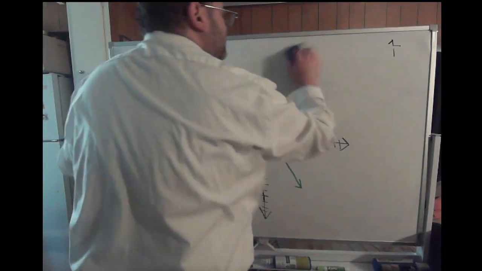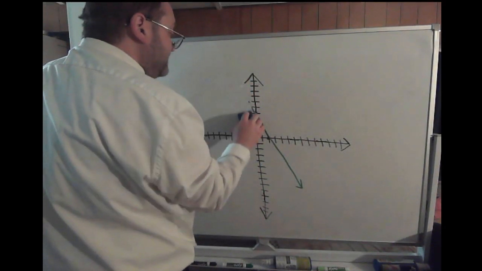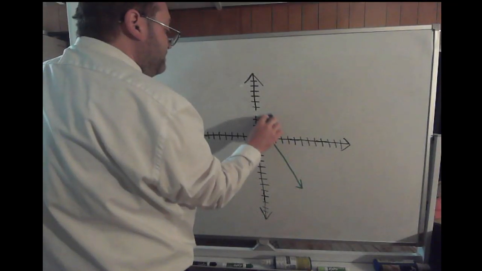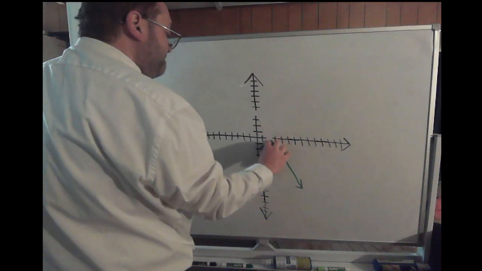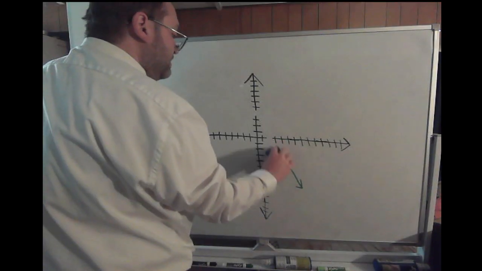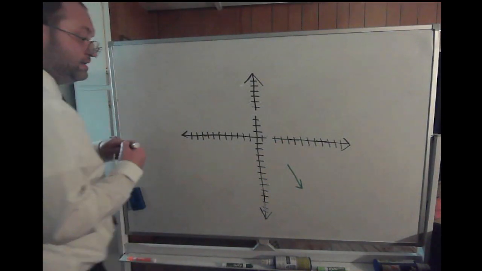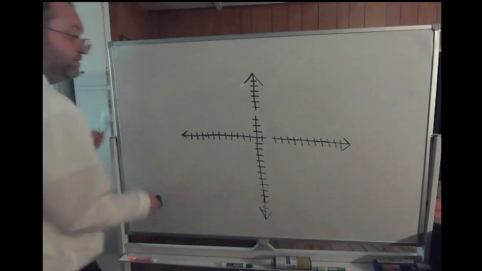Because I don't see a need to make it any harder than it has to be. That's why I say intercepts are your best bet, because you eliminate one variable, you only got to solve for one. I believe in keeping it simple if I can.